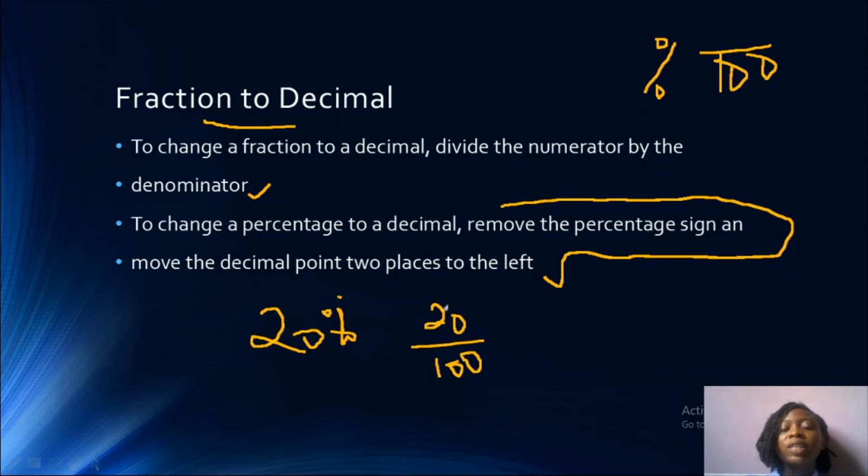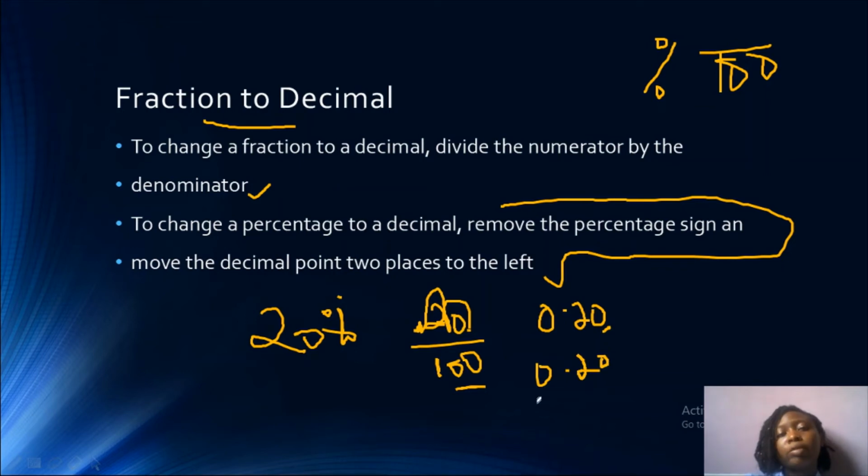Because it is percent, by default we'll move the decimal place twice, because this 1 signifies a point that is always there, hidden, and this 0 means the number of times we'll move it. So 1, 2. So we've moved the point twice to the left. So this is 0.20. Mostly the zeros at the back here are insignificant, so we have 0.2.